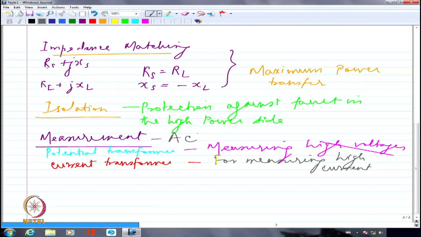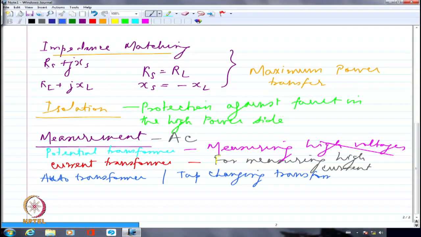Last but not the least, there are also auto transformers and tap changing transformers. Auto transformer is, for example, a single winding transformer. So I may just have a winding which is wound on a core.